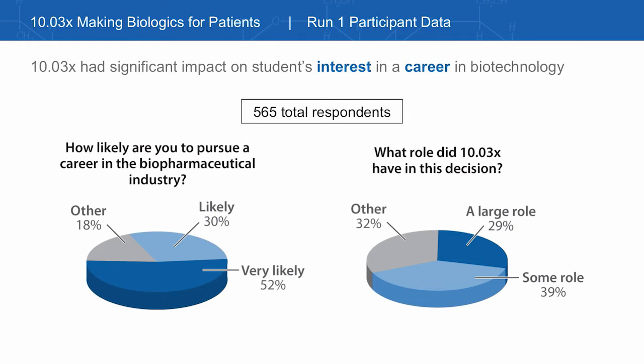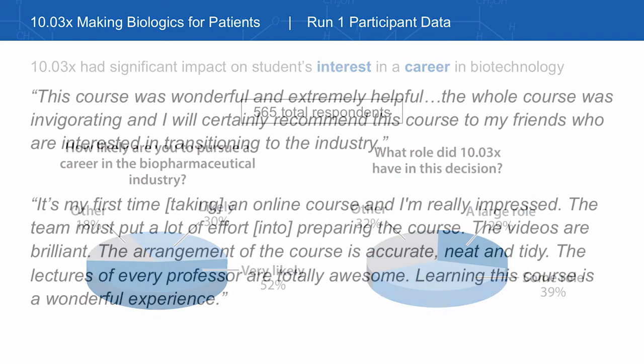And 82% said that they were likely, either likely or very likely. And they were also asked, what role did 1003X have in this decision? And 68% said that it did play a role, either some role or a large role. And that's, again, of 565 total respondents.